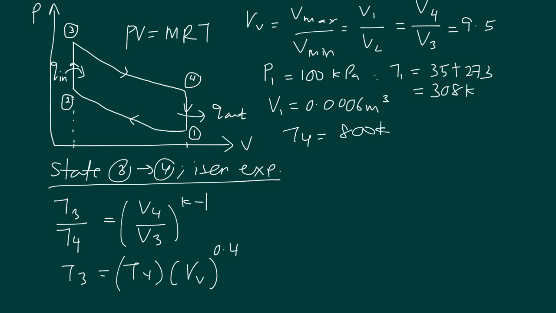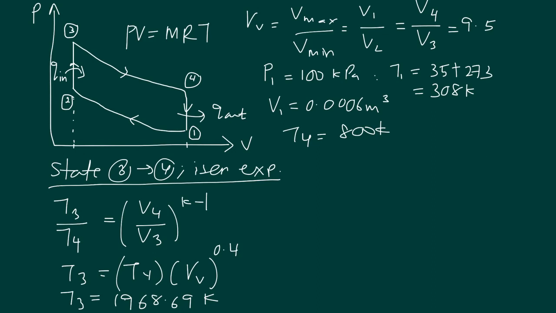So you solve for your T3, which is equal to 1968.69 Kelvin, which is marked as the highest temperature in the cycle, as the question asks you to solve for the highest state 3, the value for the temperature and pressure.